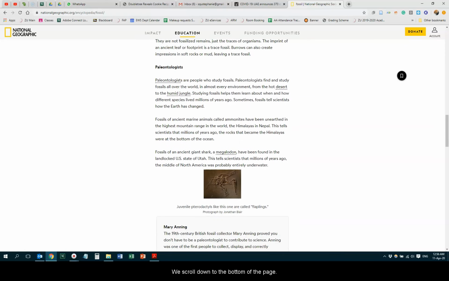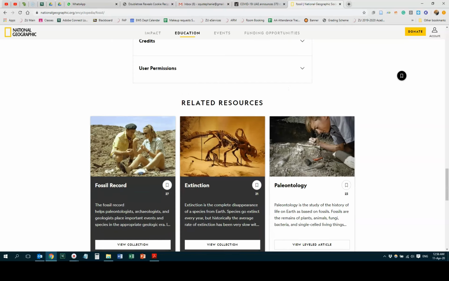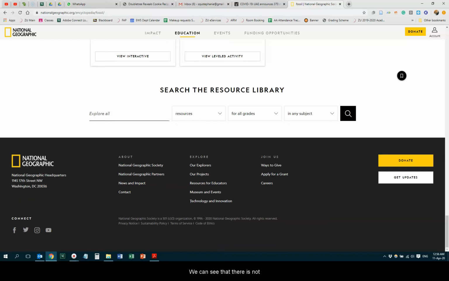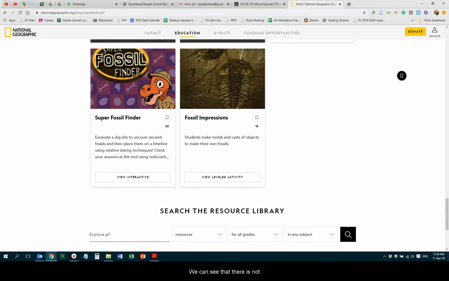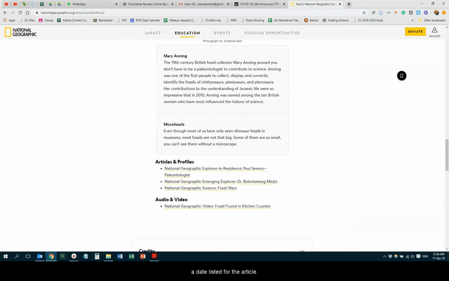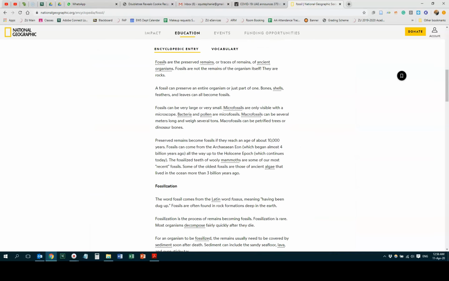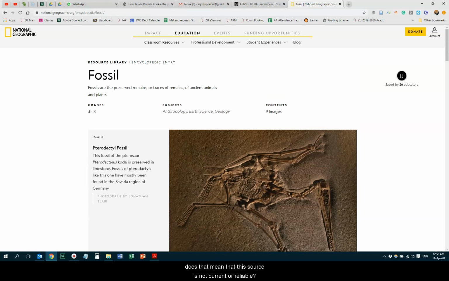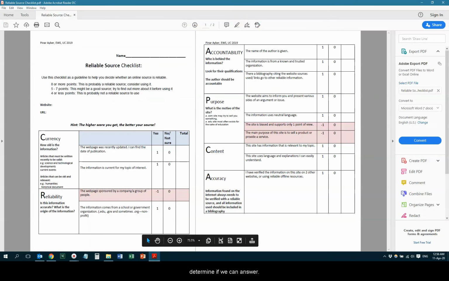If we scroll down to the bottom of the page, we can see that there is not a date listed for the article. However, does that mean that this source is not current or reliable? No. Let's look at the other parts to determine if we can answer.